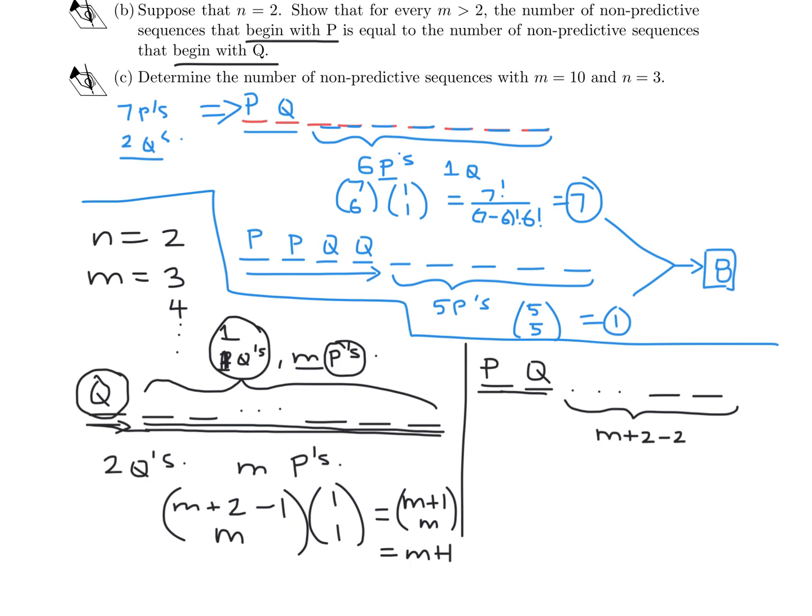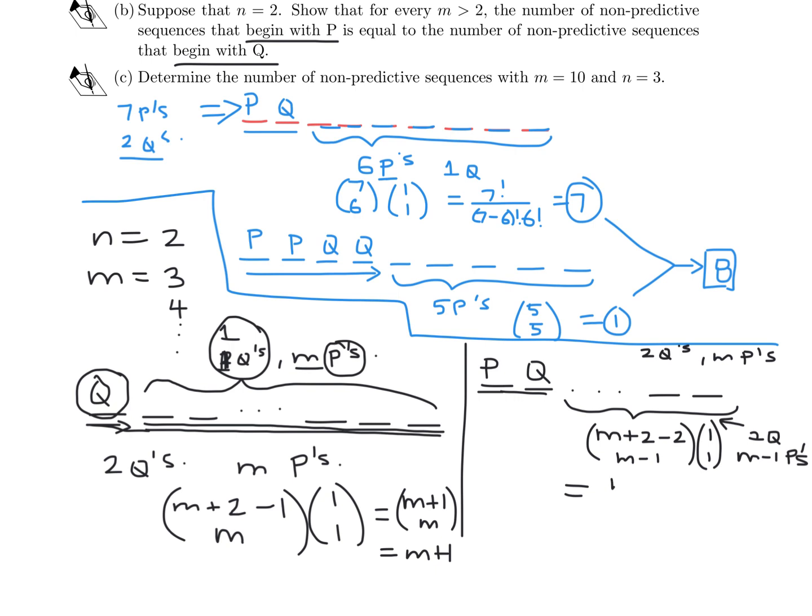And then from those, we have to place how many? Well, we started off with 2 Q's and m P's. But 1 P and 1 Q have already been placed, so we have to place here 1 Q and m minus 1 P's, correct? So from the total, I have to put m minus 1 P's, and then from the 1 left over, I put that Q there.